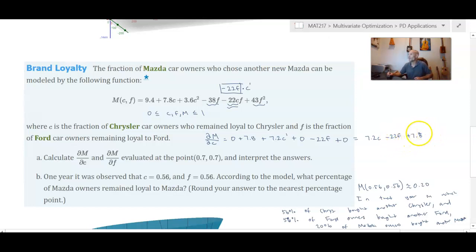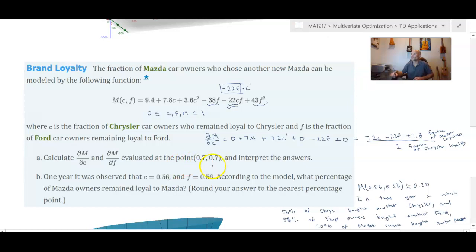We can say, however, that the units of this are the fraction of Mazda loyalists for every one fraction of Chrysler loyalists.